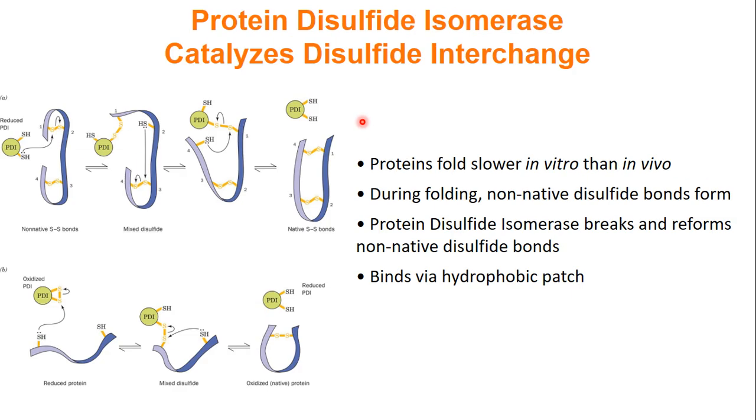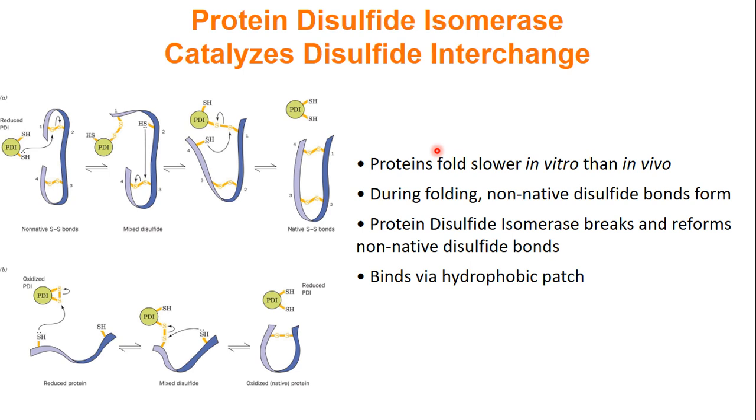Now, if we look at protein folding in vitro, that is outside the cell, compared to in vivo, which is inside the cell, we see that proteins actually fold slower outside the cell. That's an interesting thought when you consider that the only thing that dictates if a protein will fold properly is primary structure. So why does it matter if you're inside the cell or outside the cell?